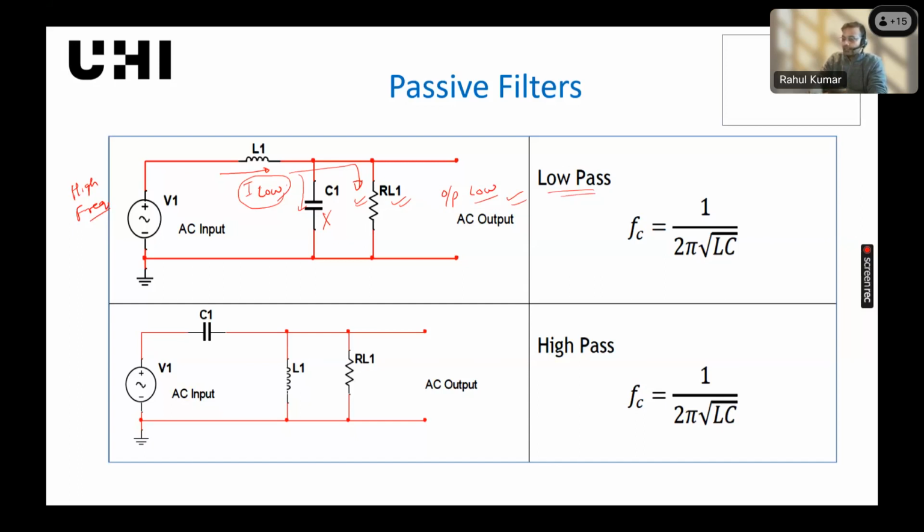And this diagram is for a high pass filter. As you can see, we have swapped the position of the inductor and capacitor. We have reversed the position.